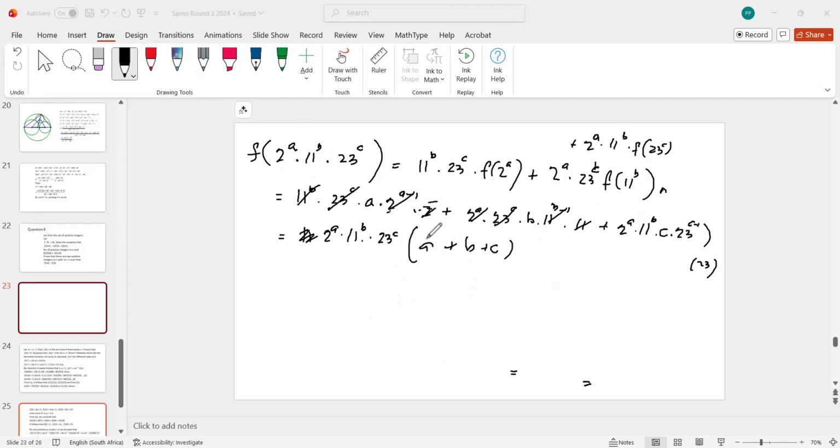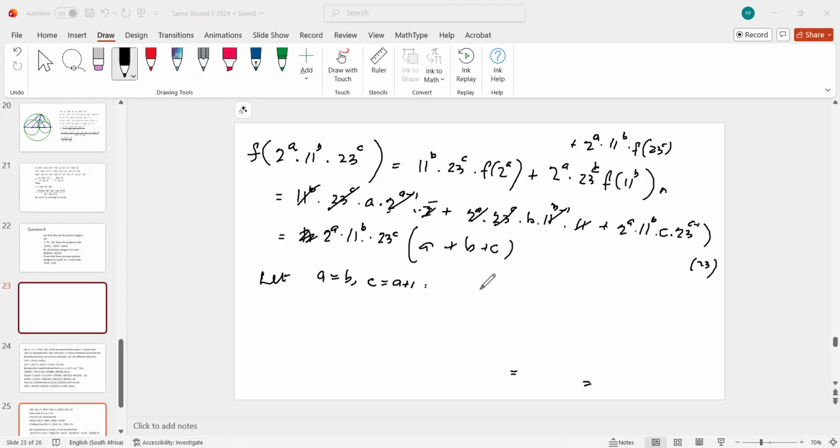All right, now comes the insight. You try to find a, b, and c such that two different values of the inputs give you the same output. I don't know how these people arrived at this. I cannot justify it. I'm just looking at the solution. I couldn't do it. So you can say, let a equal to b and c equal to a plus 1.